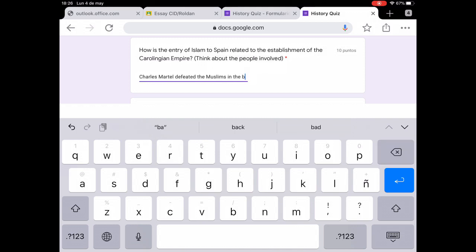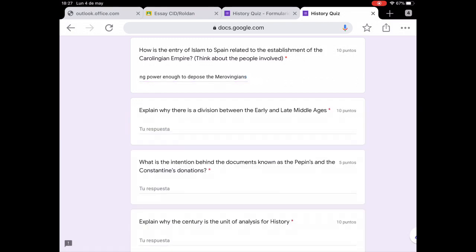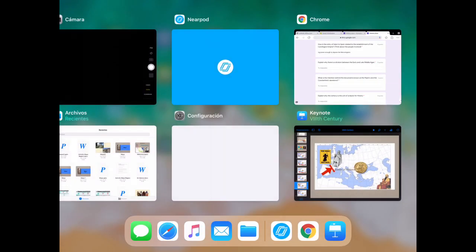Well, this should be with capital letters. Battle of Poitiers, gaining power enough to, let's say, depose the Merovingians, because if you remember, the first king of France was of course Clovis, that was a Merovingian.